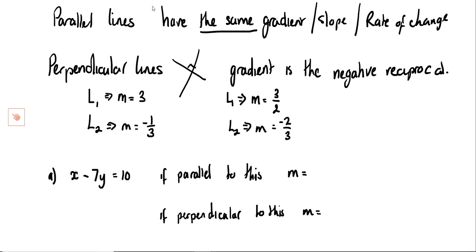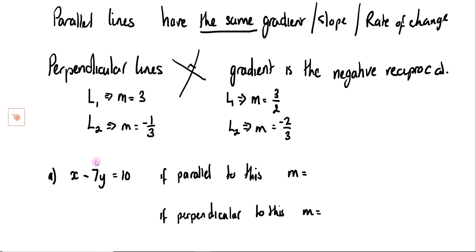Therefore, it's got to be a number. 7 would be 7% per minute, you know, we're talking phone charges again. It can't be 7x per minute unless it's changing, which you'll do in M5. Not today. But we've got a constant rate of change, which means the gradient is a single number.